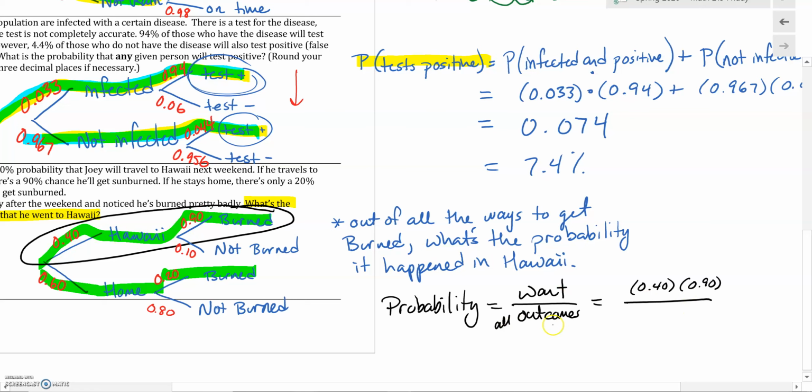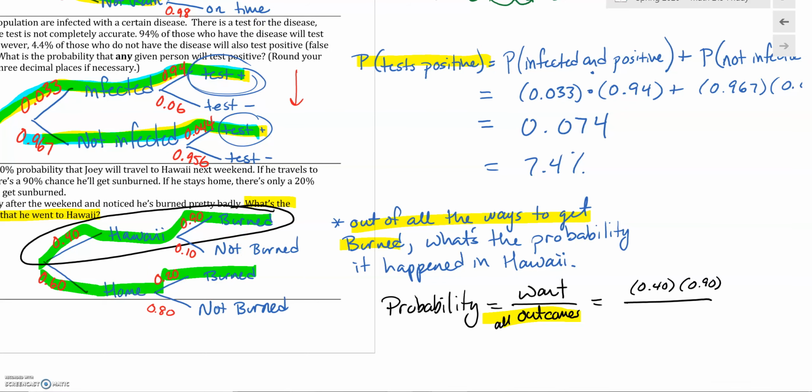Now, out of all outcomes, we're talking about all ways he could have got burned. Well, he could have got burned in Hawaii, but he could have got burned at home. So if I'm looking for all outcomes, all ways to get burned, well, that we know how to calculate. All the ways to get burned would be just multiply down this path, multiply down this path, and add them together, just like we did in those previous two examples.